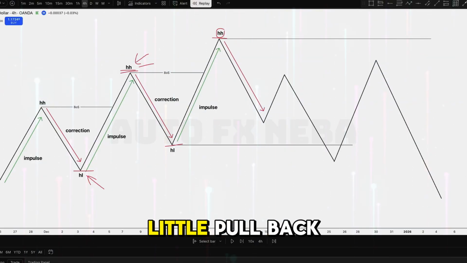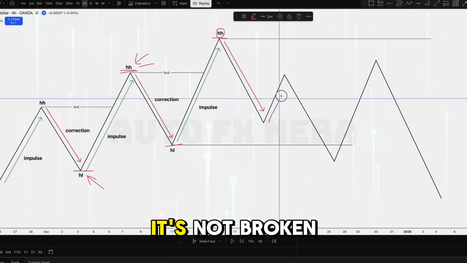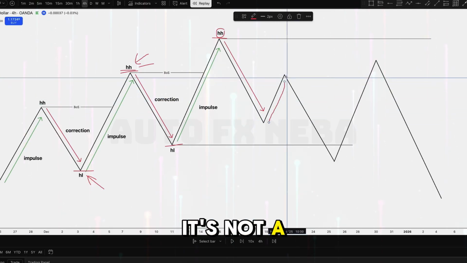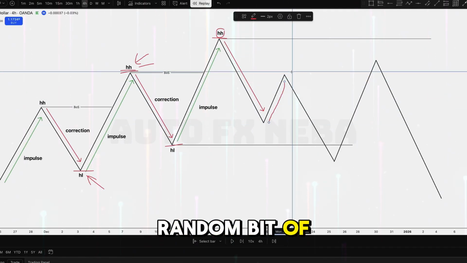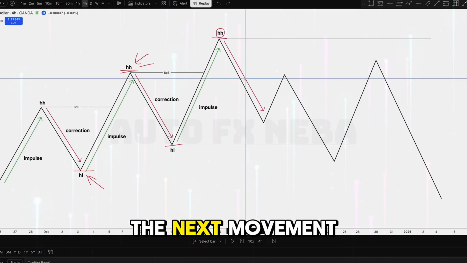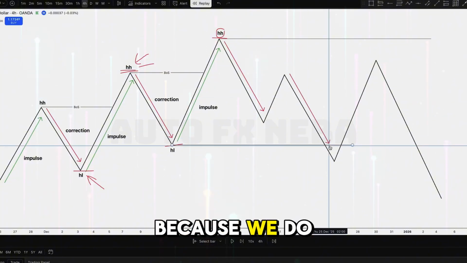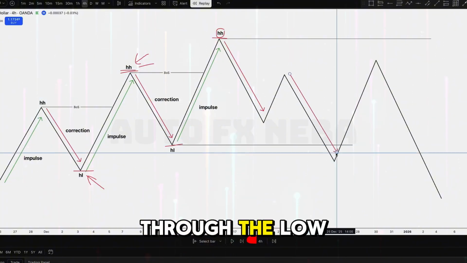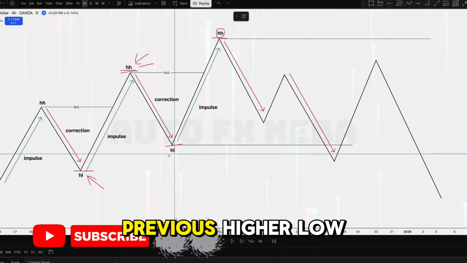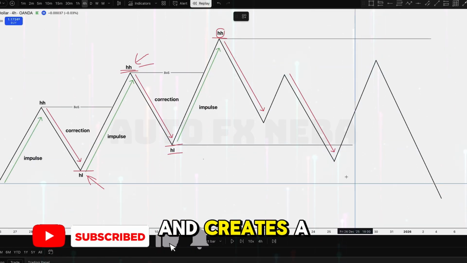And then this little pullback doesn't mean anything because again, it hasn't broken an impulsive move. It's not a pro-trend move. It's just a random bit of pullback in the market. Then we have the next movement down here, which actually changes the picture a bit because we do go and break through the low. So what we've done here is break through our previous higher low and create a new lower low.